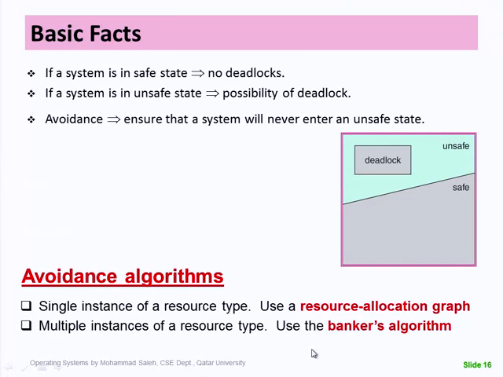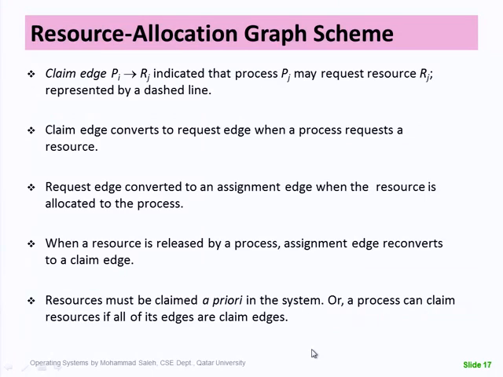On the other hand, if we have multiple instances of the same resource, then we can use an algorithm which is called the banker's algorithm. For the resource allocation graph, as I mentioned before, we have claim edges, request edges, and assignment edges, basically from process to resource.